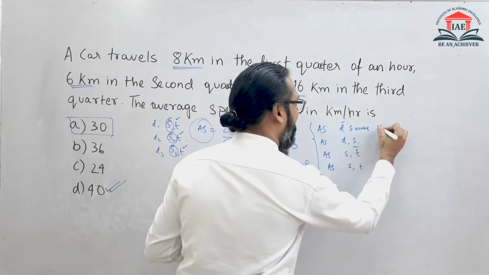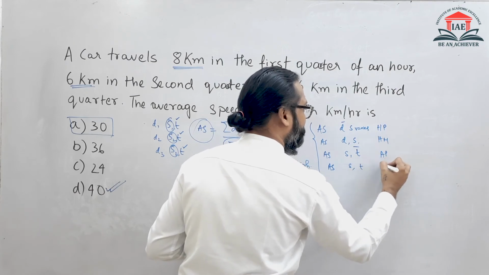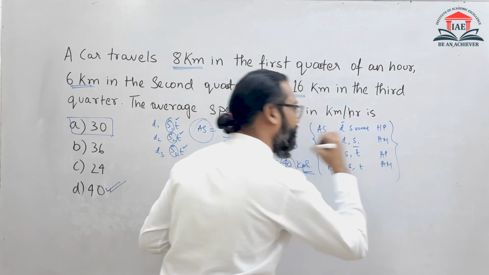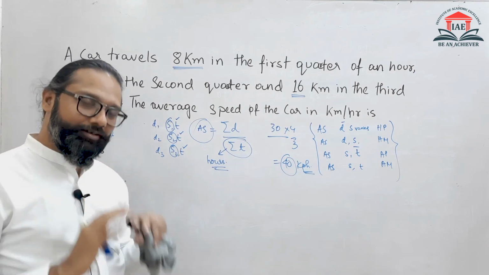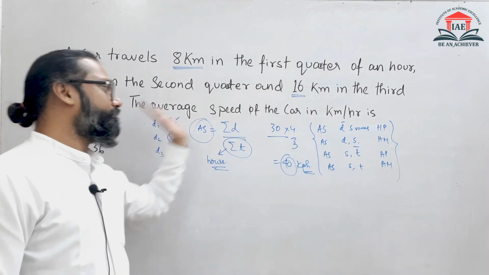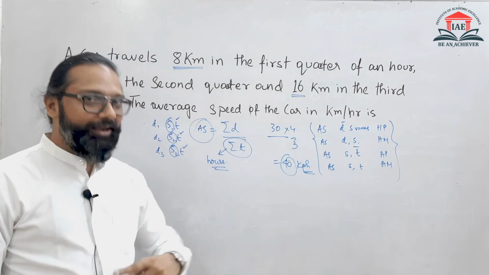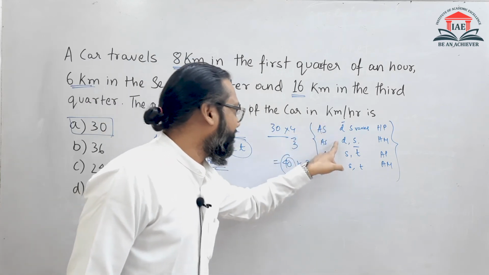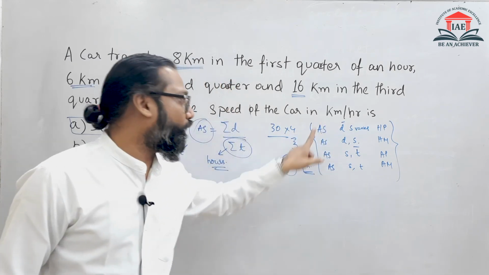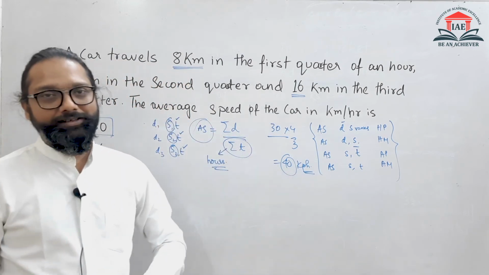We use harmonic progression, harmonic mean, arithmetic progression or arithmetic mean in calculating average speeds, and that makes our life easy when we calculate sums related to average speed. So I'll come back again with different sums where we can explore harmonic mean and arithmetic mean to solve average speed.